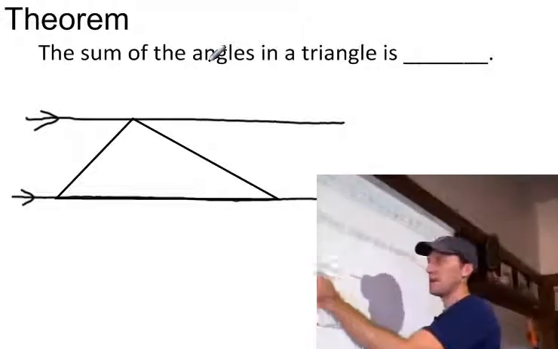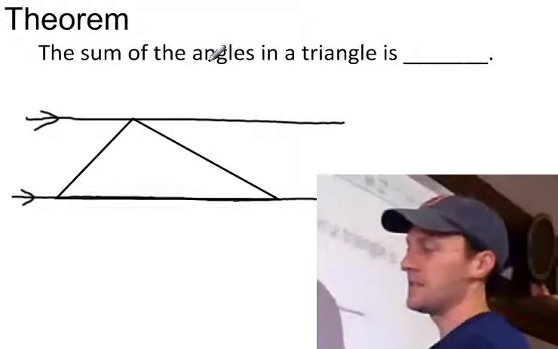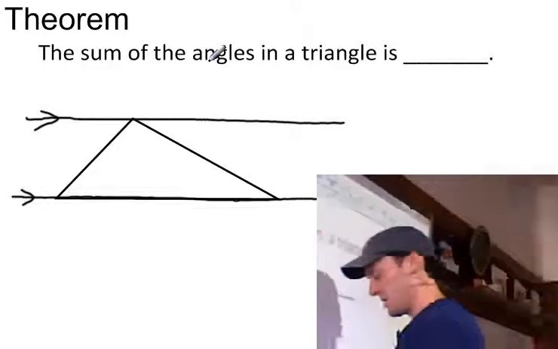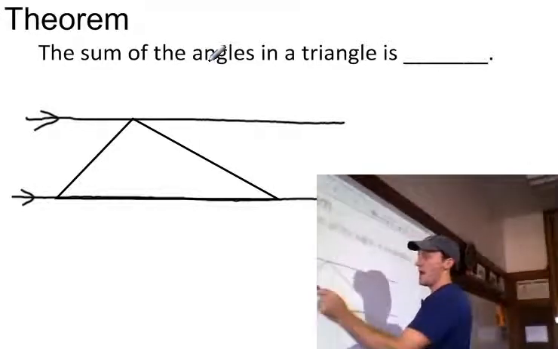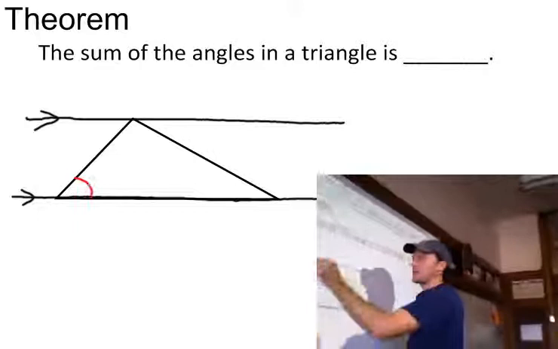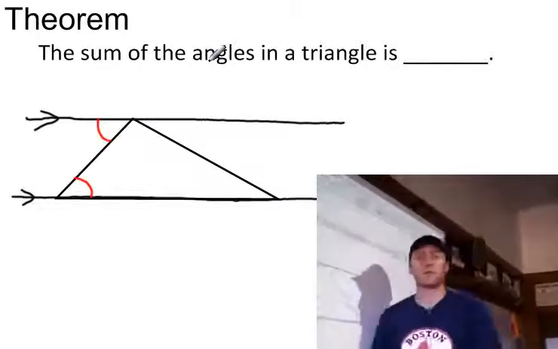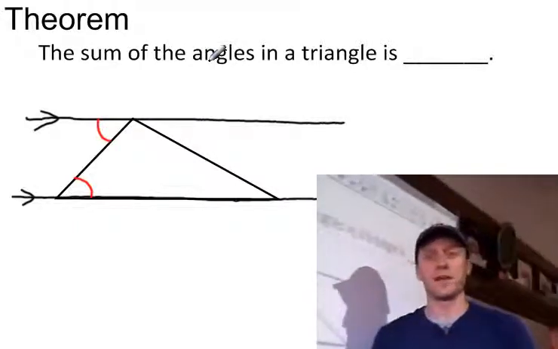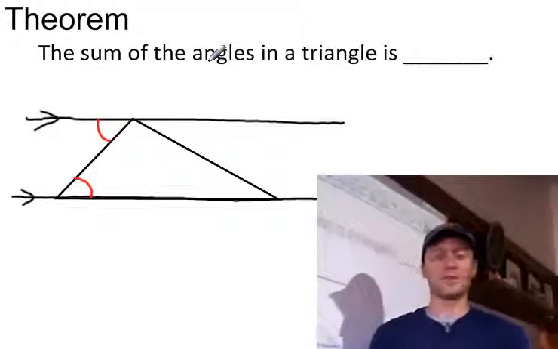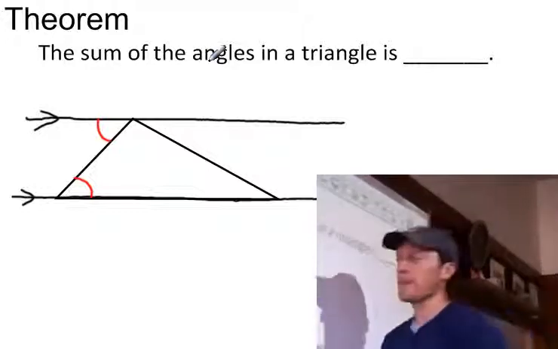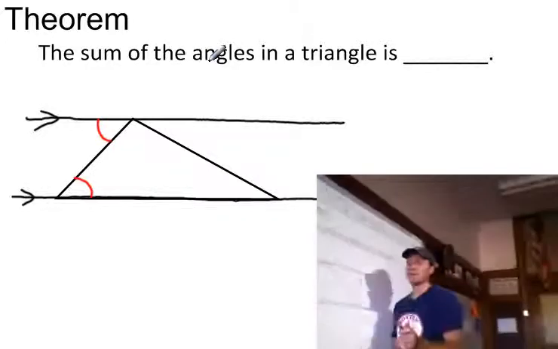So I've got this parallel line. Let's look at some of these different angles. This angle here and this angle here are alternate interior angles. And alternate interior angles are congruent.